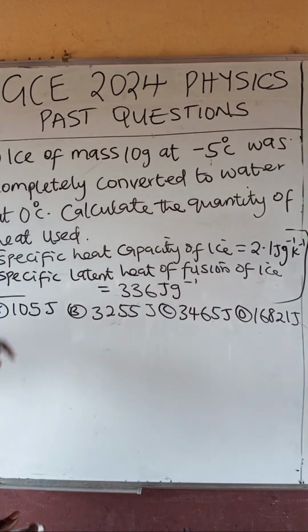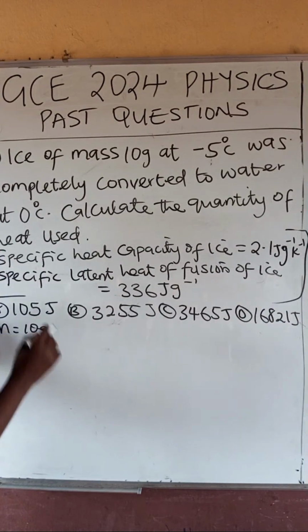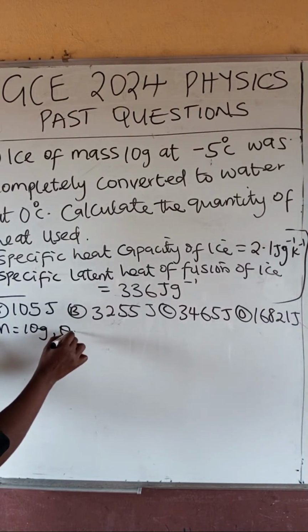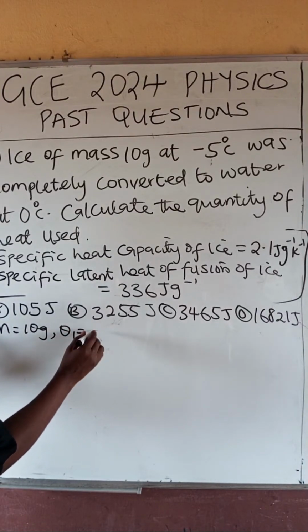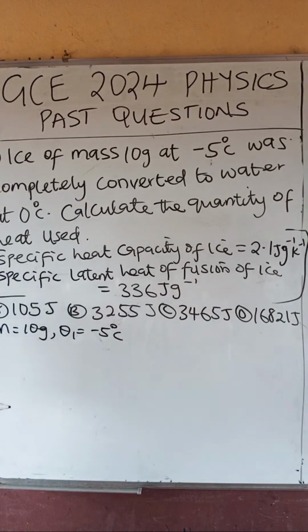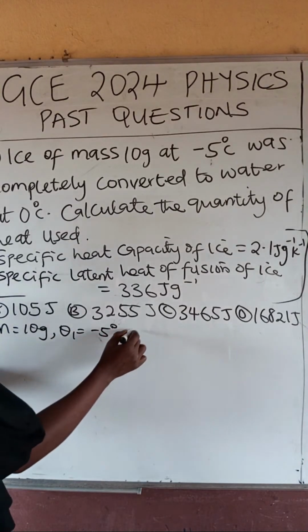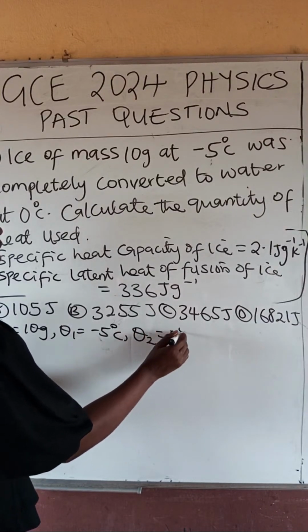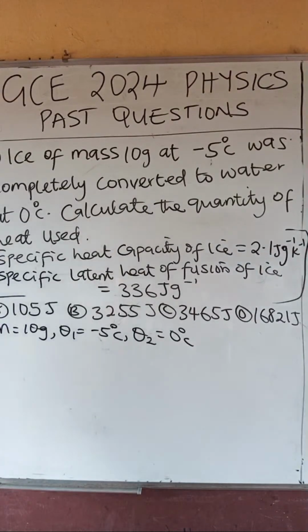All right, let's go. The mass is given as 10 gram, okay? The temperature of ice, that is theta 1, is minus 5 degrees Celsius, okay? Then the final temperature of ice is always constant, which is 0 degrees Celsius, all right?